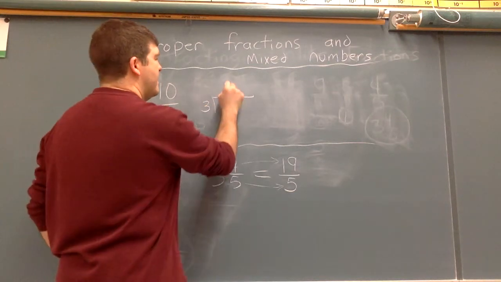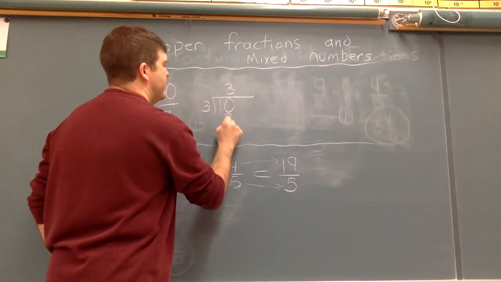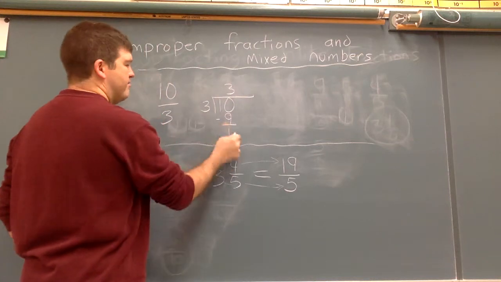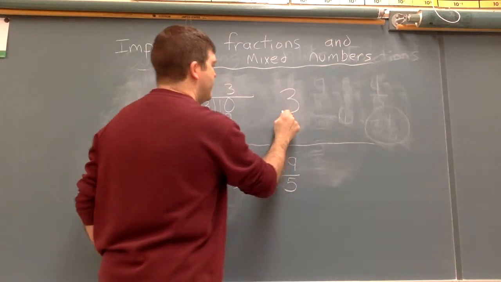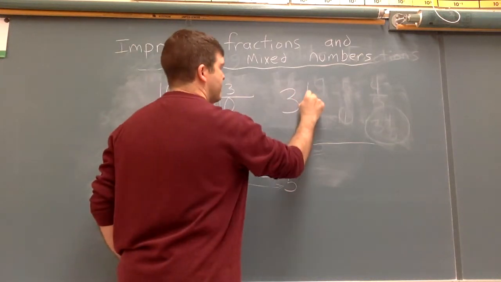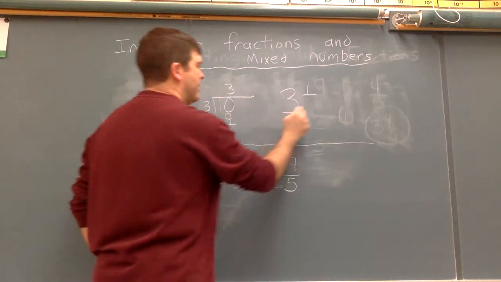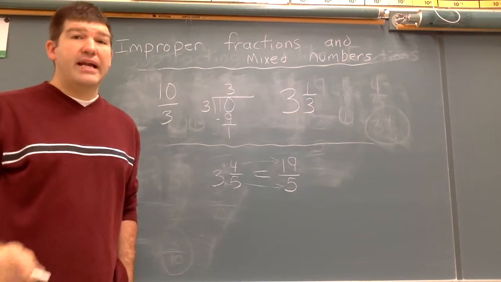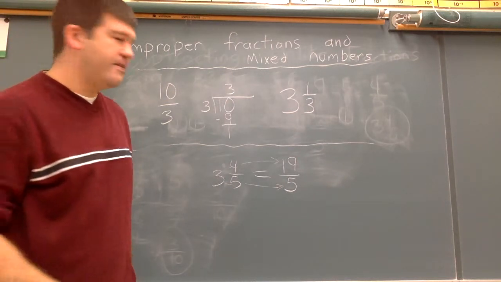So 3 goes into 10 3 times. 3 times 3 is 9. I subtract 10 minus 9 is 1. Nothing more in there. So I get 3 wholes, and here's a part, which is my remainder out of my whole, is 3 1/3.